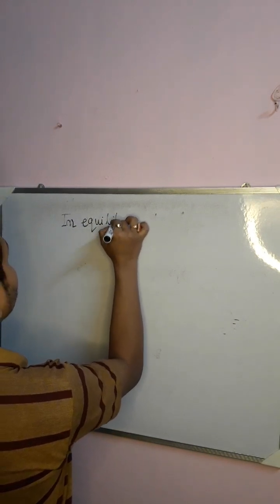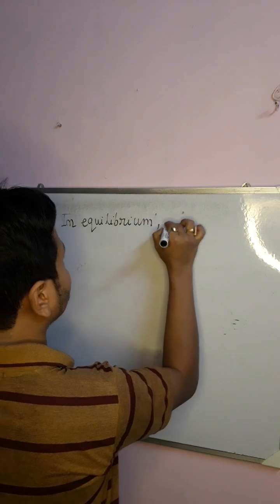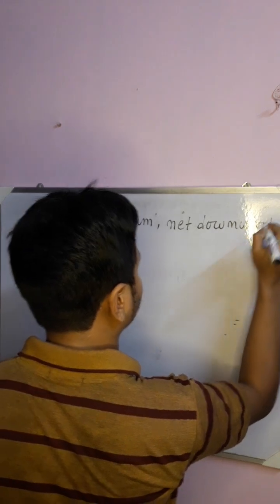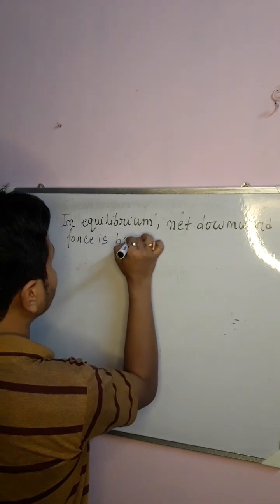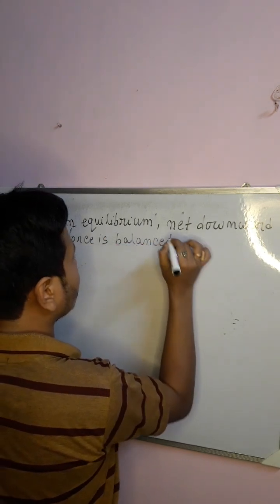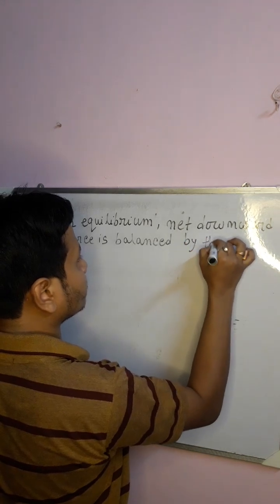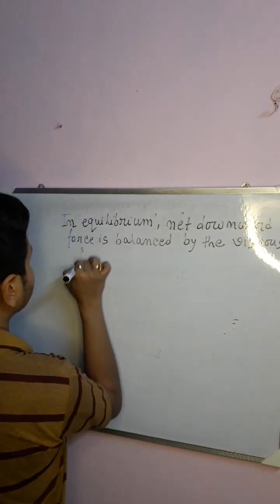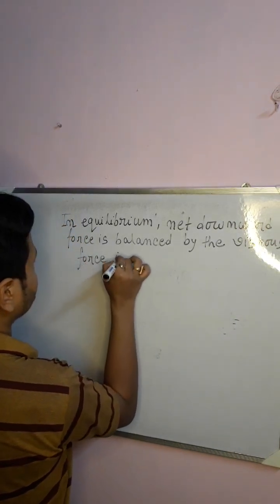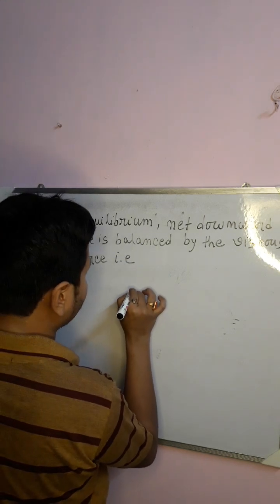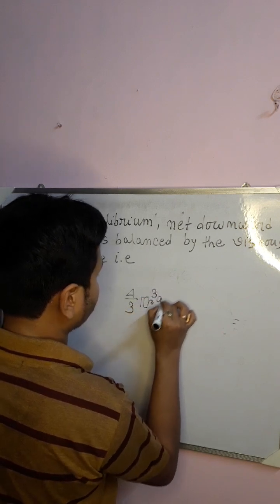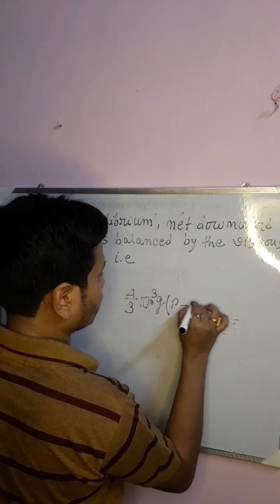In equilibrium, the net downward force is balanced by the viscous force, that is 4/3 pi r cube g into (rho minus sigma).